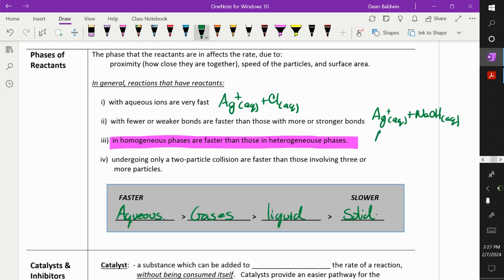And then I have in another beaker silver that is aqueous, but this time sodium hydroxide is like a pellet, in pure form. It's just a pellet. We dissolve it in water to create the base, in concentration. Which is going to be the faster reaction? Top one, right? This is a homogeneous reaction because they're in the same phase. They're aqueous. They can get really close together. This is a solid and an aqueous. Part of this is going to be hidden inside of the solid ball or its actual bead. So this would be the faster reaction.